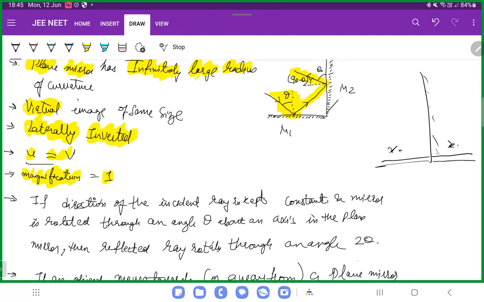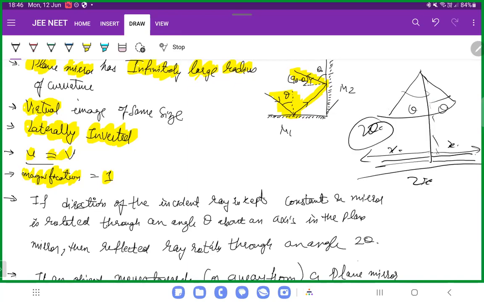Obviously this will also move x distance, so totally it is moving 2x distance. Same way, if it is at angle theta, this will also face some angle theta. So totally from here it is 2 theta. Yes, sir.